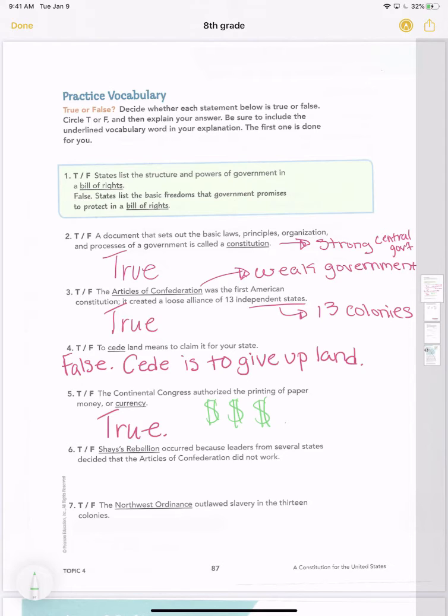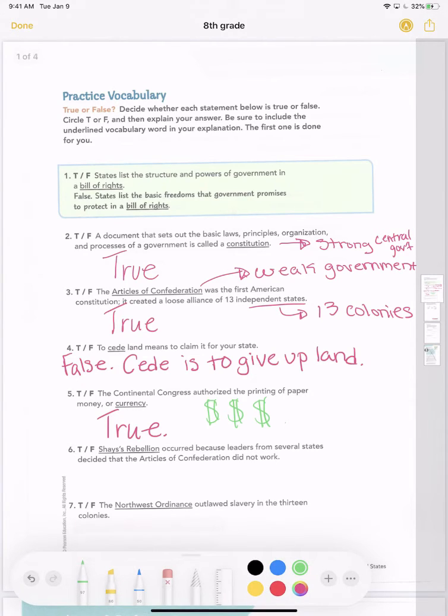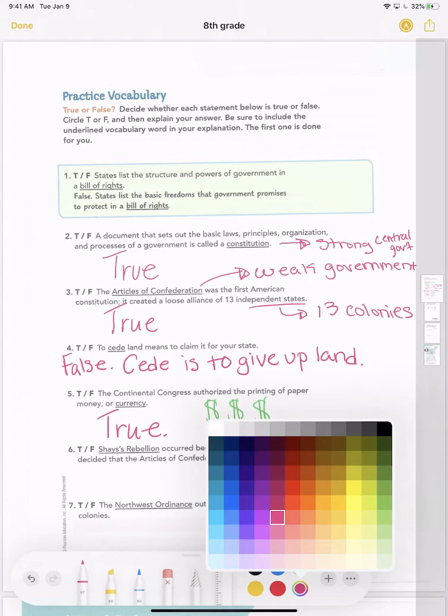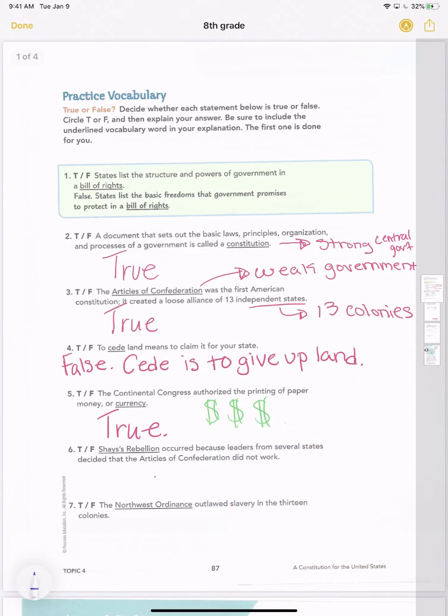All right, number six. True or false, Shays' Rebellion occurred because leaders from several states decided that the Articles of Confederation did not work. That is partially true, however it is not fully true. So I'm going to use a different color. It was actually false.